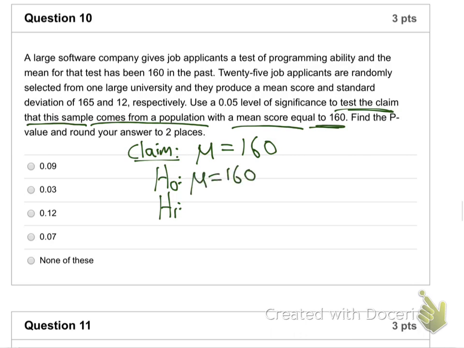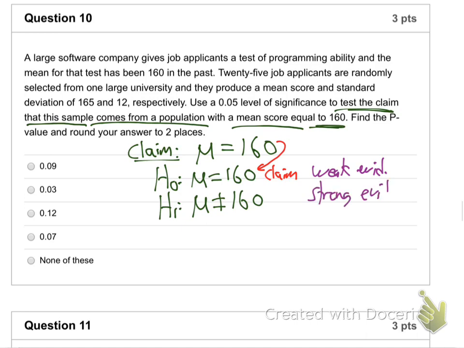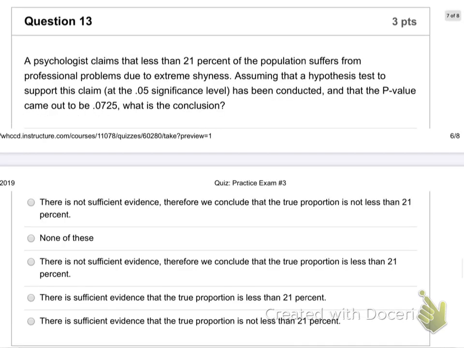Always equal. And so if H0 is equals, what's H1 going to be? Not equals. And which of those two is identical to the claim? Yeah, H0. See, these guys match exactly. So I write claim by the one that matches the claim. And then I write the evidence words in. Really, we don't need it this time. Weak evidence, strong evidence.